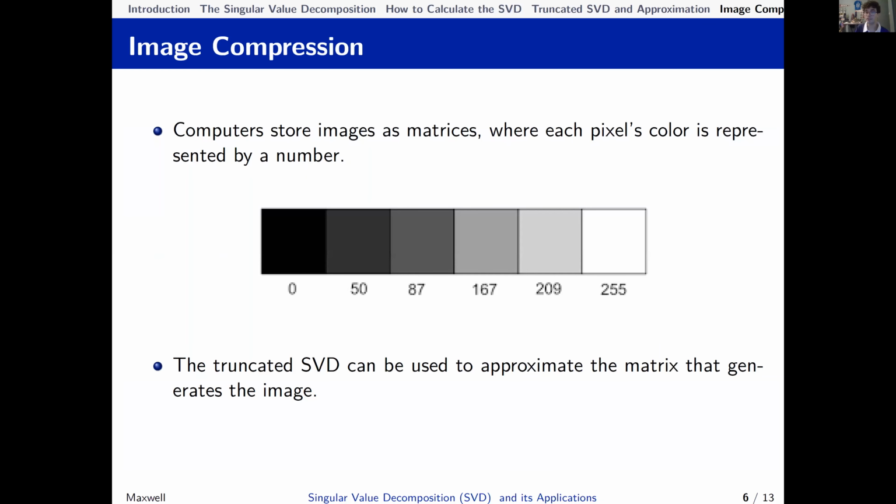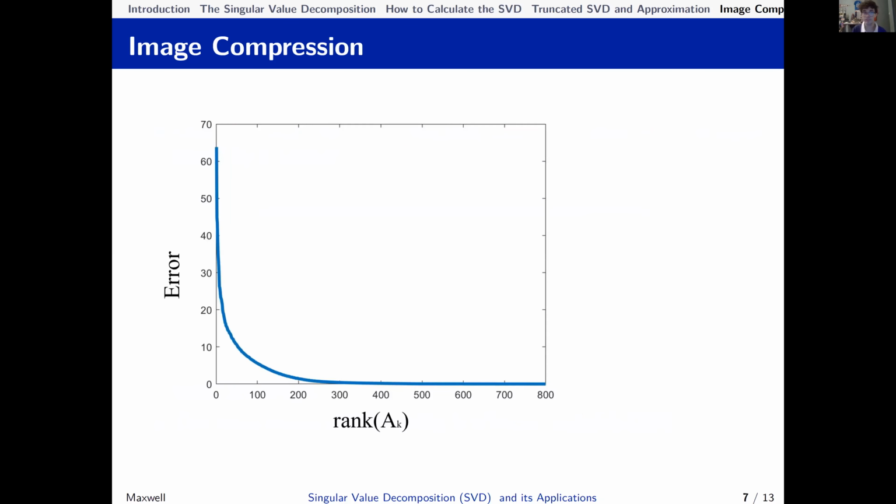And the truncated SVD can be used to approximate the matrix that generates the image. This will save memory while affecting the quality negligibly because it is a really good approximation. And so here we can see how good of an approximation it is. On the y-axis, we have the error of A minus A_K, and on the x-axis, we have the rank of A_K.